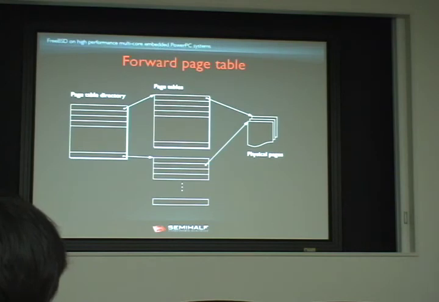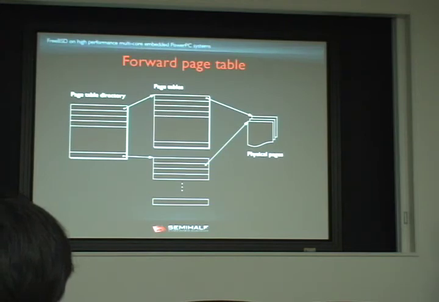We employ a very simple, very straightforward approach: a two-level forward page table, and this is also different from the traditional PowerPC. In the traditional PowerPC MMU, there were hardware requirements that the page table look such and such. In the Book E specification, there isn't any.